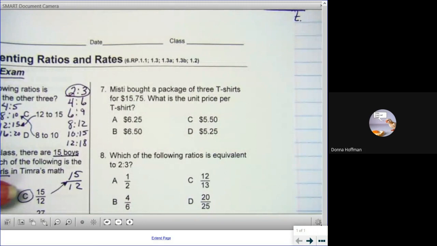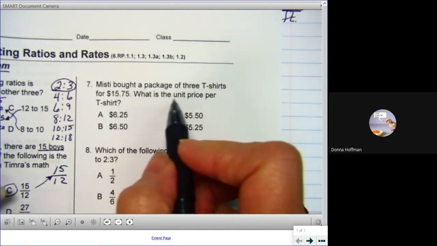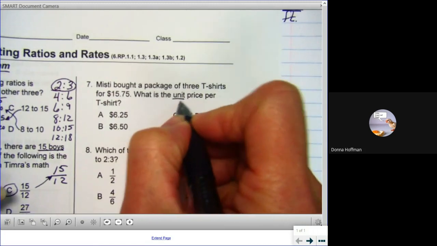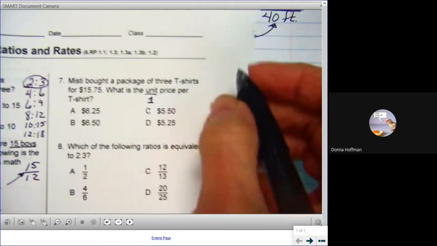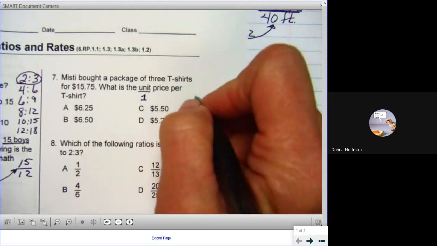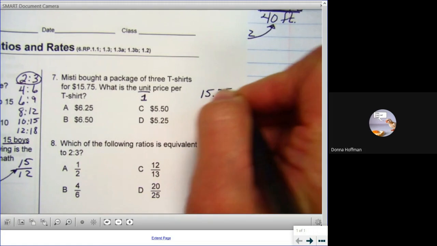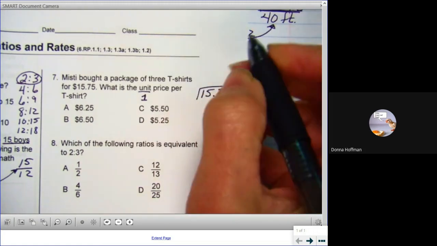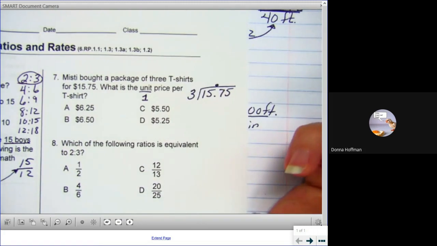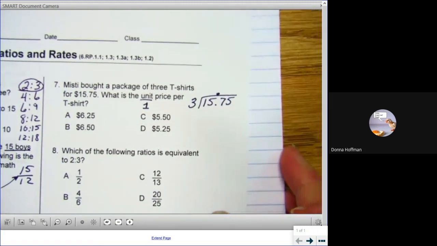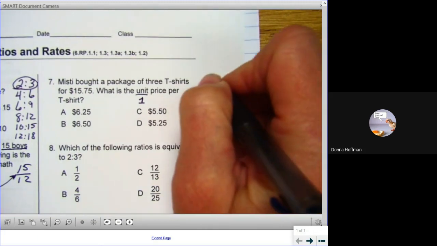Misty bought a package of 3 t-shirts for $15.75. What is the unit price? Unit means 1 for t-shirts. Let's see. So 3 into 15 is 5.